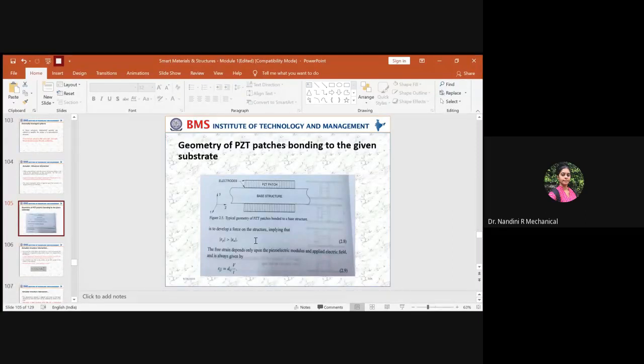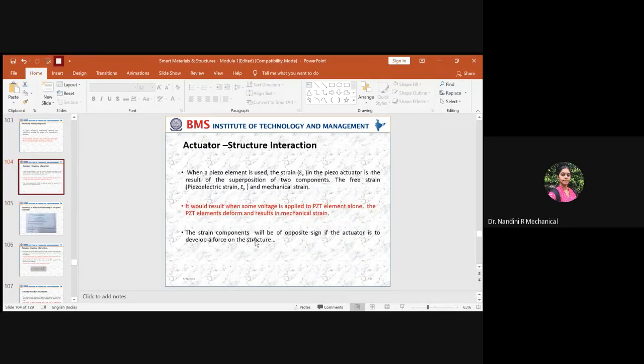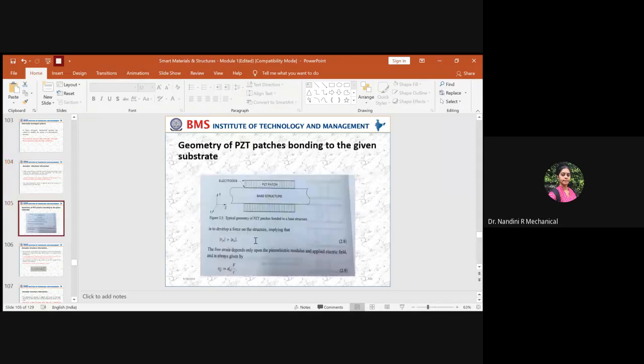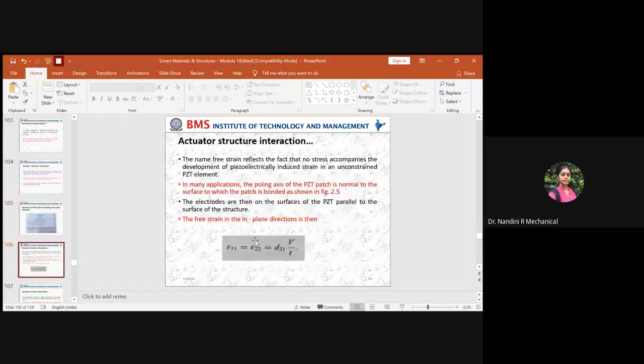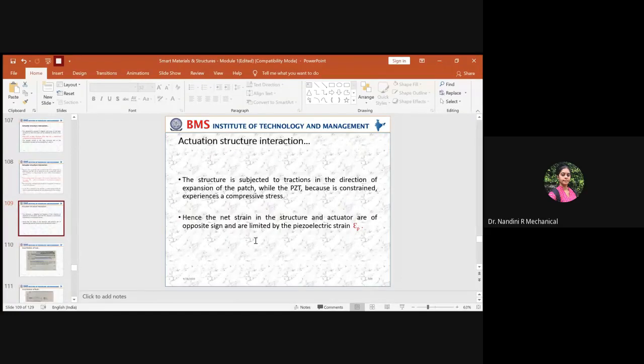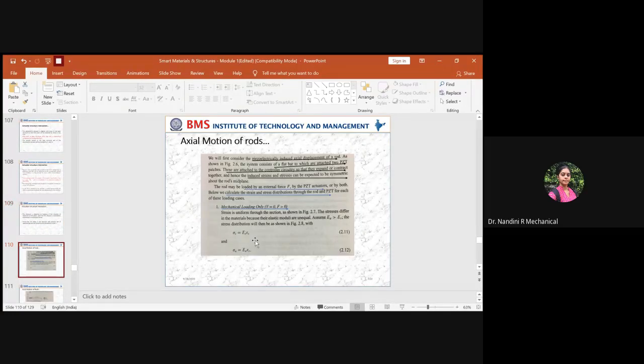Later, the concepts related to actuator and structure interaction were focused on the axial modes of rods. In axial modes of rods, I told you that we have to focus on both the direct effect as well as the converse piezoelectric effect.